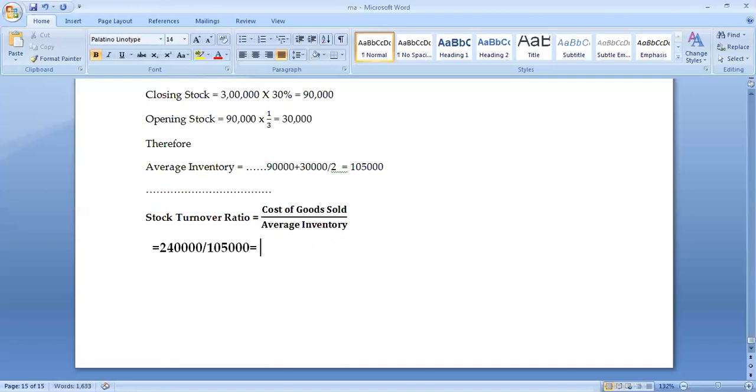So which gives you 2.29, or it can also be written as 2 times.